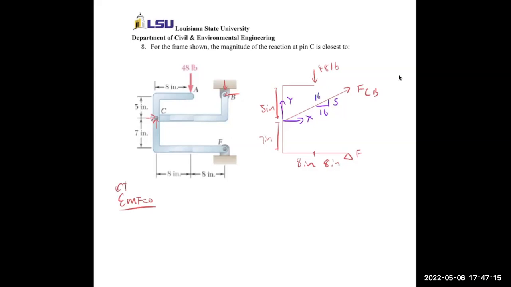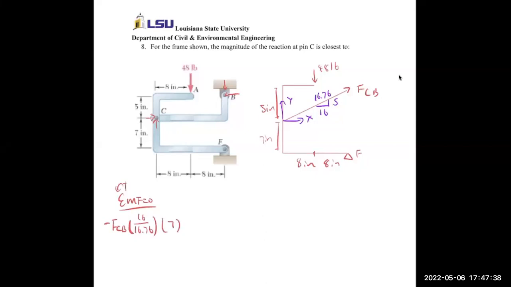This is 16.76. Okay, so for FCBX, it's going this direction to F, so it's going clockwise. So negative FCBX, that's going to be 16 over 16.76 multiplied by that perpendicular distance of 7 inch.